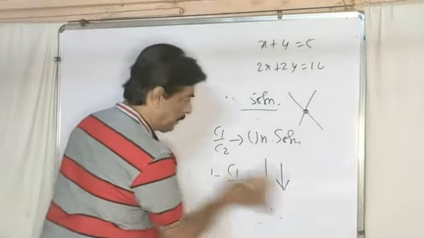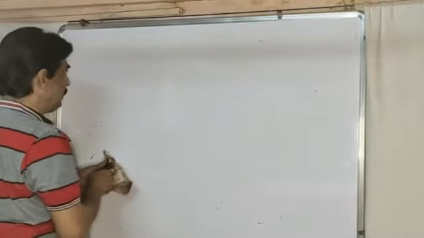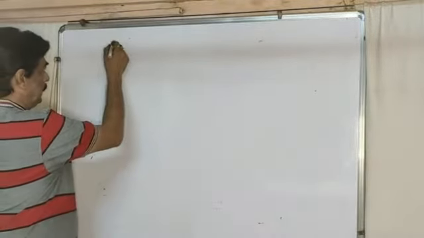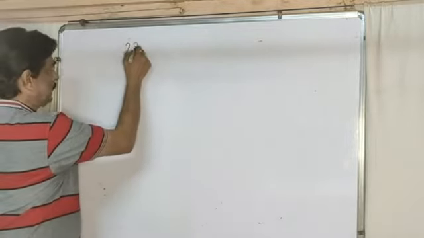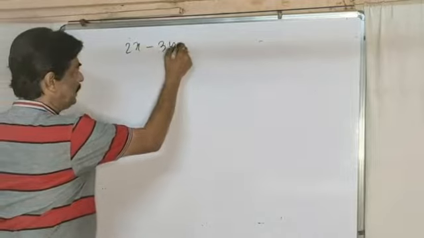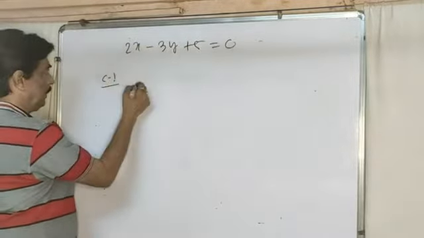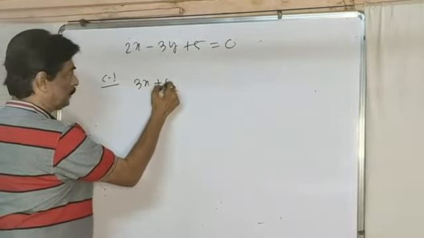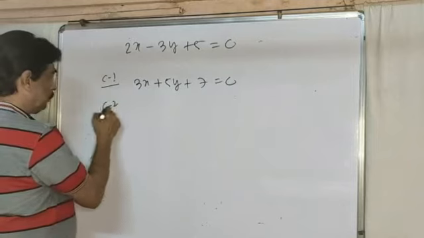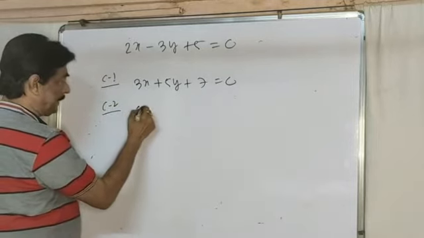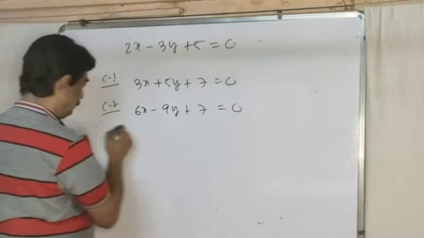This is the last topic. One line they are giving: 2x minus 3y plus 5 equals 0. Case 1: 3x plus 5y plus 7 equals 0. Case 2: 6x minus 9y plus 7 equals 0.